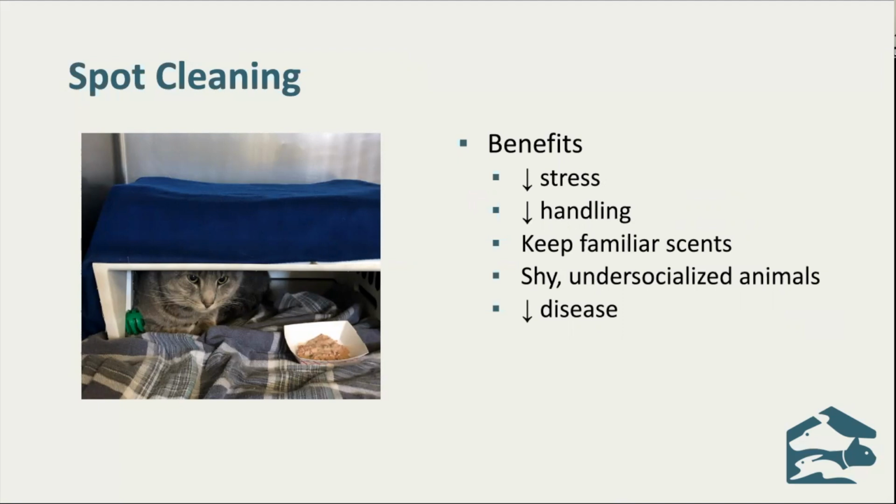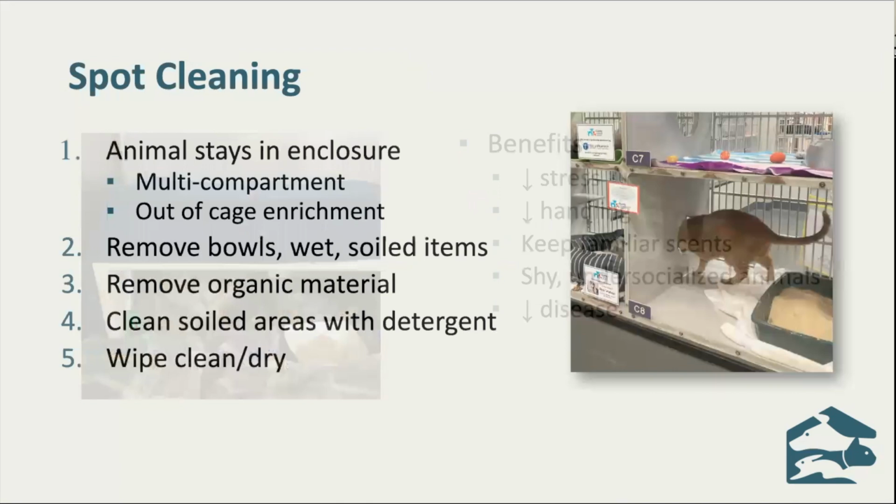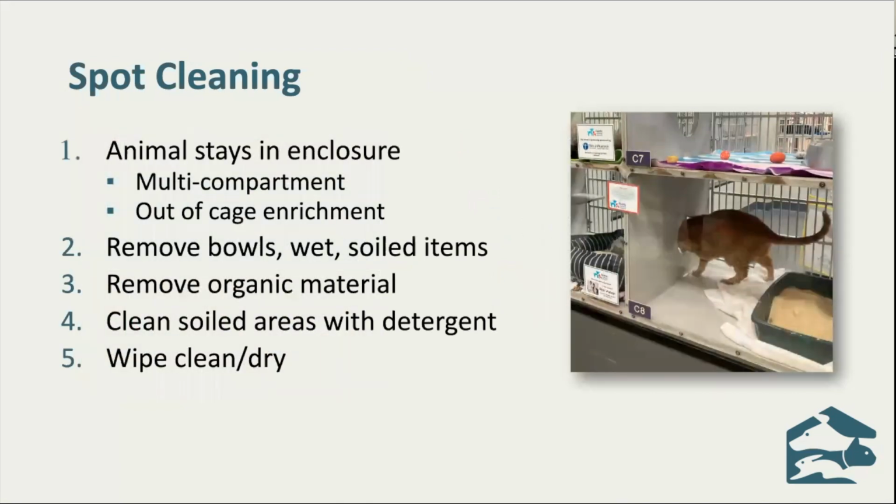Here are some steps to spot cleaning to understand why this is slightly different from a sanitation or full cleaning and disinfection protocol. In most cases, and what we're shooting for is that the animal actually stays in their enclosure. So this is when multi-compartment animal enclosures are really beneficial. In addition to all the other good things about them, it can be really useful during the sanitation process if we're doing spot cleaning.